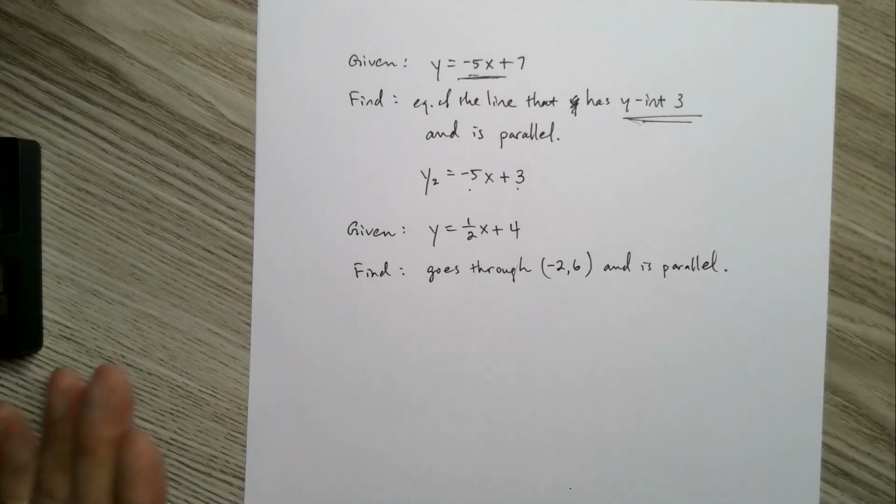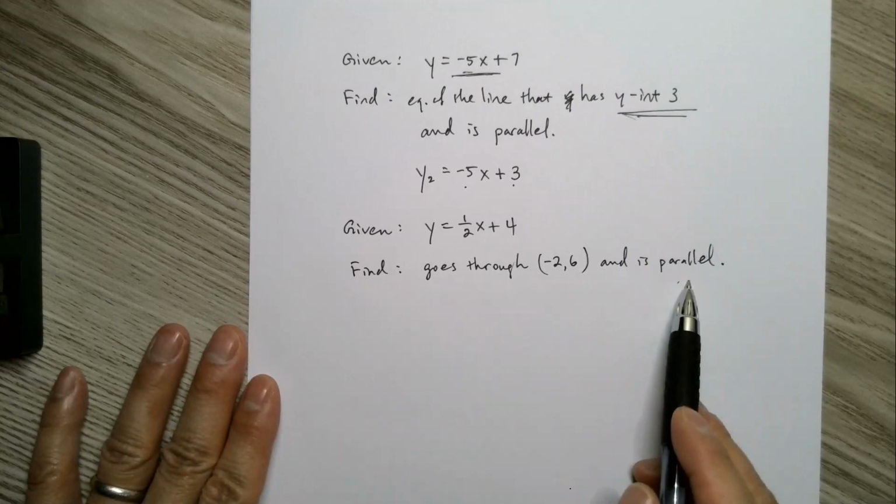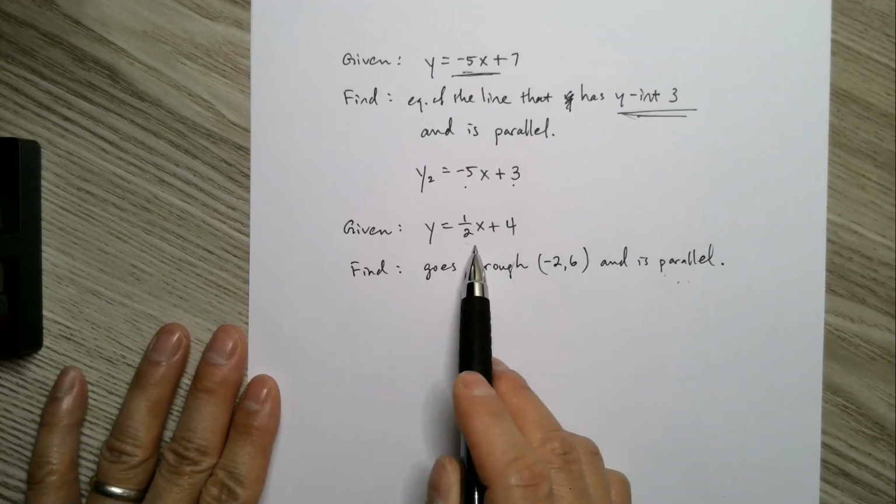Again, the line in question is parallel to the given line, so I know the slope automatically.